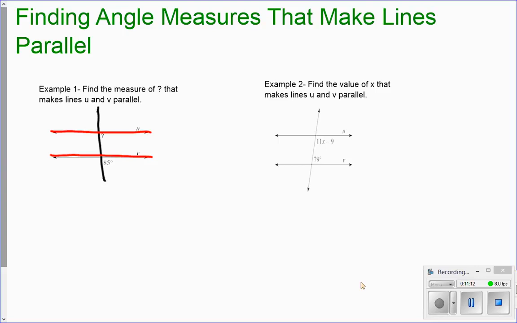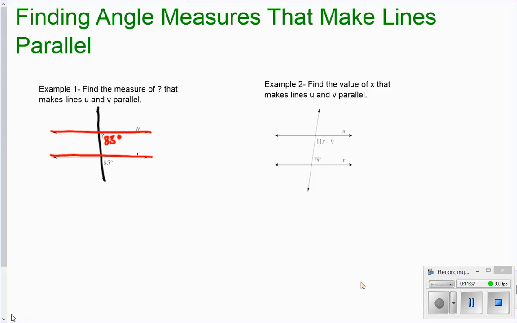Corresponding angles are congruent when the lines are parallel, which means that when the corresponding angles are congruent, we can say that the lines are parallel. So in order for us to say that these two lines, U and V, are parallel, the question mark would have to measure 85 degrees because corresponding angles are congruent.